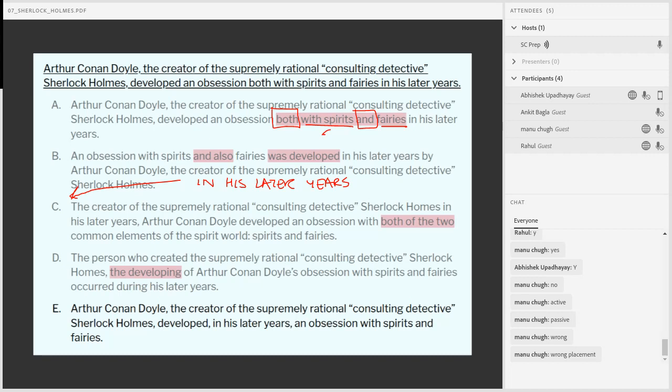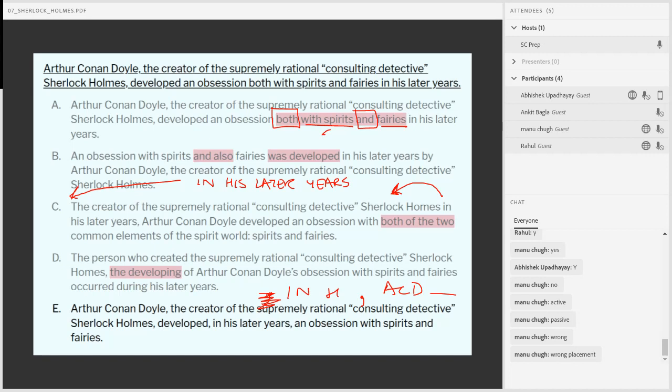It is not saying comma, in his later years, comma, Arthur Conan Doyle developed. So that first comma is not even there. So it seems as if "in his later years" has something to do with the left-hand side. The creator of Sherlock Holmes in his later years.